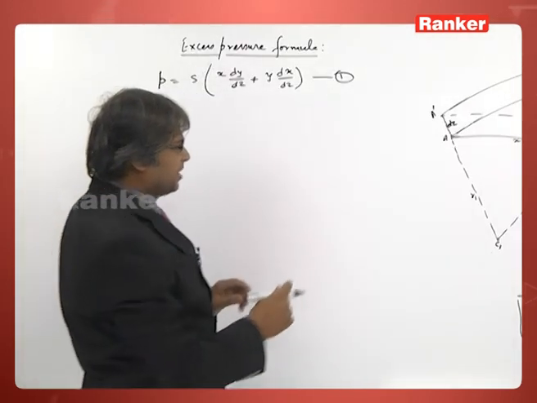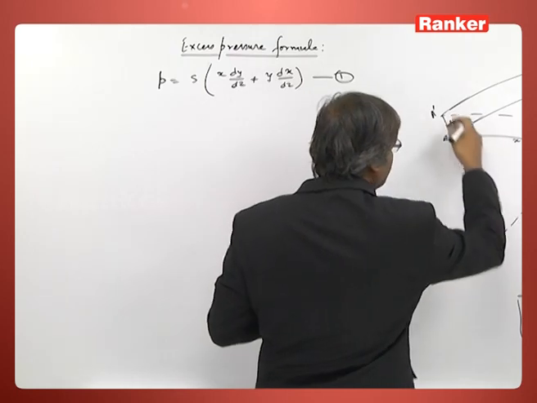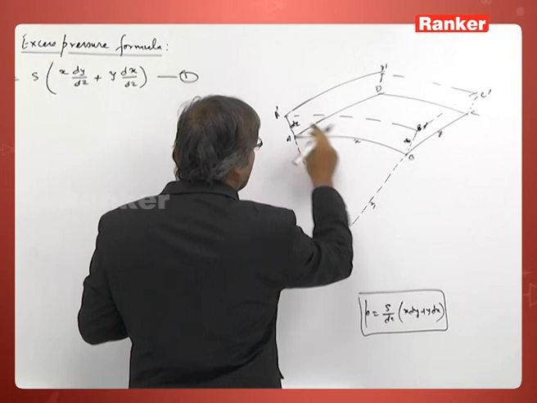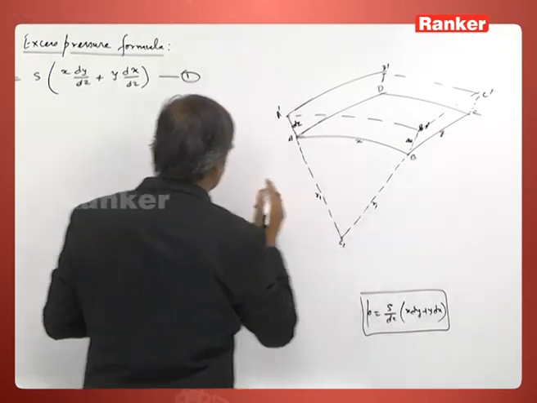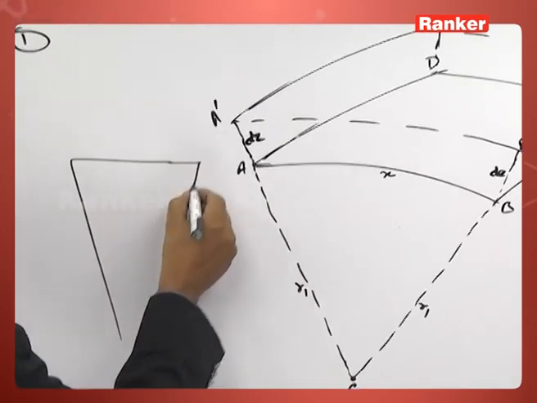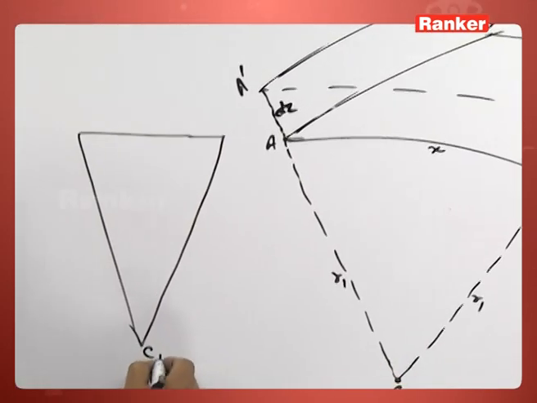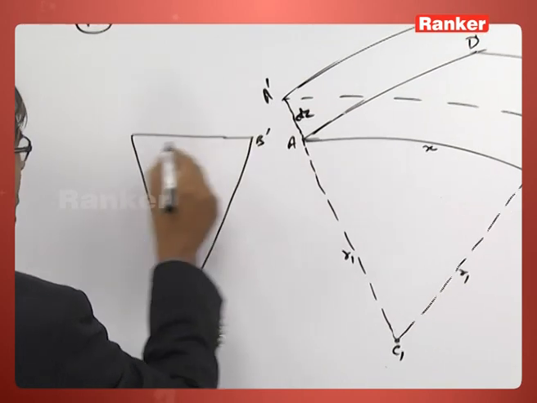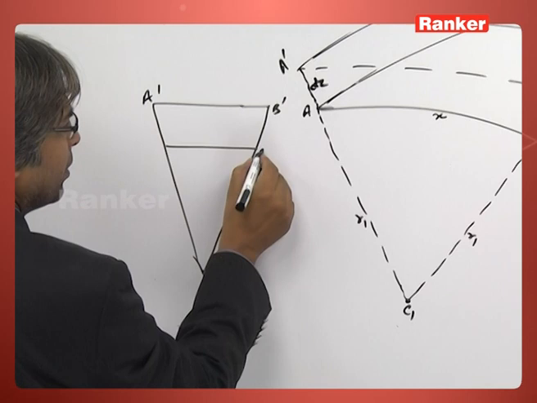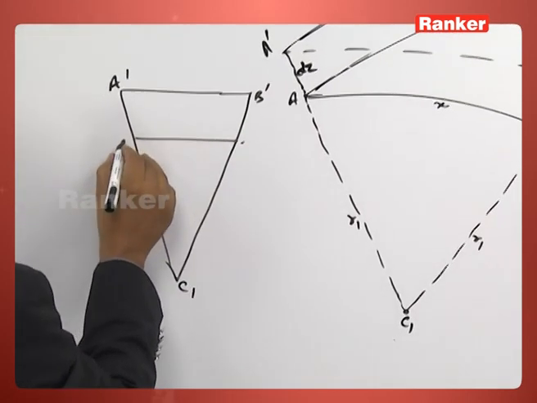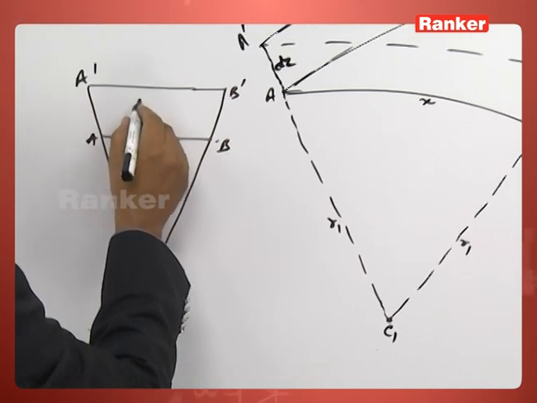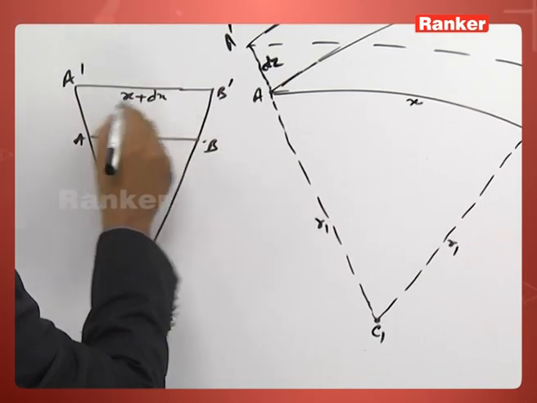Now you can see these two triangles here, A C1 B and A dash B1 C1. I am just drawing these as straight triangles, but these are curved triangles, C1 B dash A dash. This is AB, this is x, this is x plus dx, and this is dz.